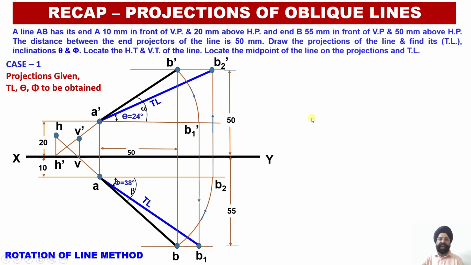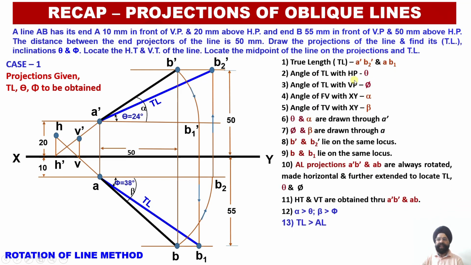So this is the recap of whatever we have already done. We need to remember true lengths A dash B2 dash and AB1, they should be equal. Angle theta, it is the angle of the true length in elevation. Angle phi, it is the inclination of the true length in the plan.